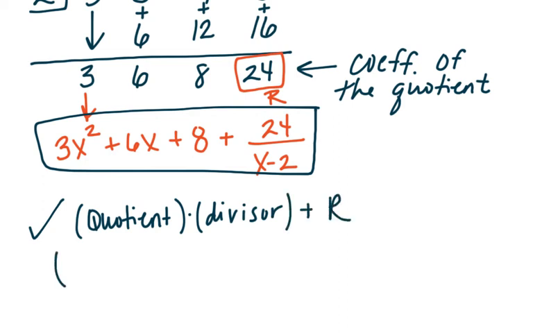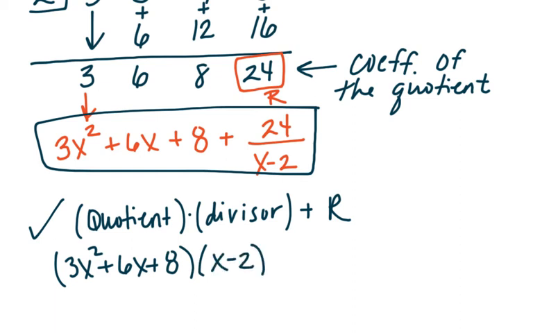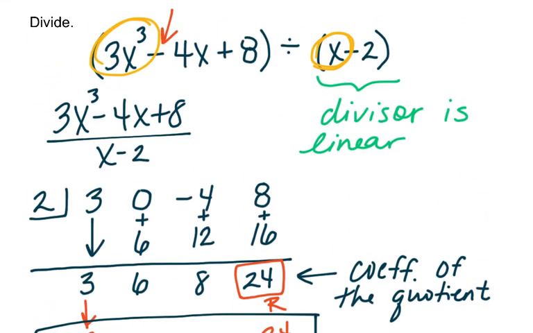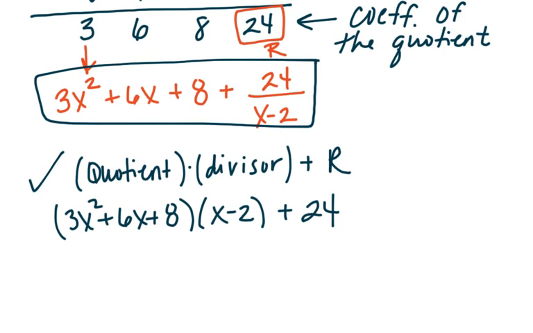For example, our quotient is 3x squared plus 6x plus 8. We'll multiply that by x minus 2, the divisor, and then add back in the remainder of 24. If we've done this correctly, we'll be back with the original 3x cubed minus 4x plus 8 at the top. They call that the dividend.